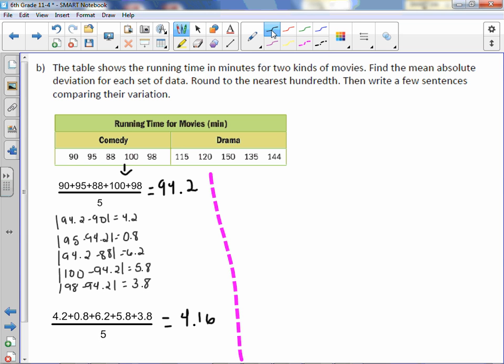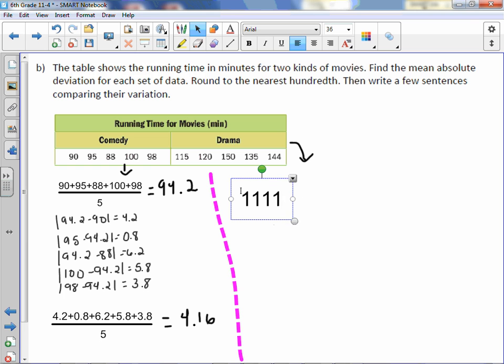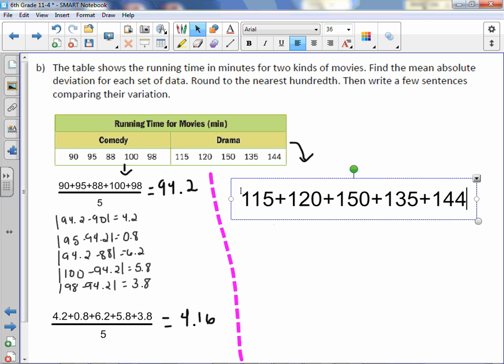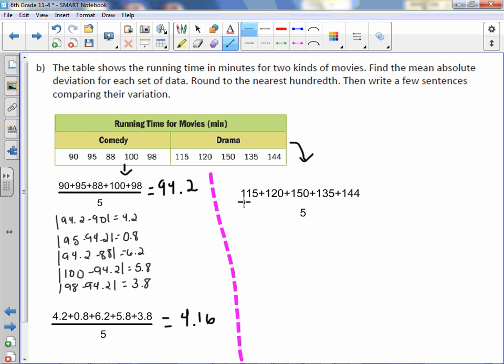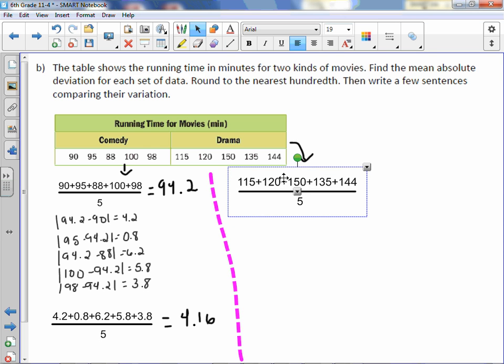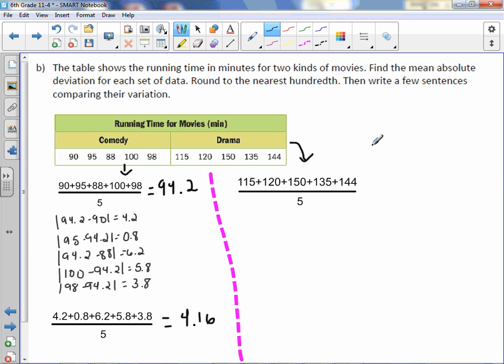Now let's find the data or information for drama. Find the mean by adding up all the values. 115 plus 120 plus 150 plus 135 plus 144 divided by 5. Which gives us a mean of 132.8.